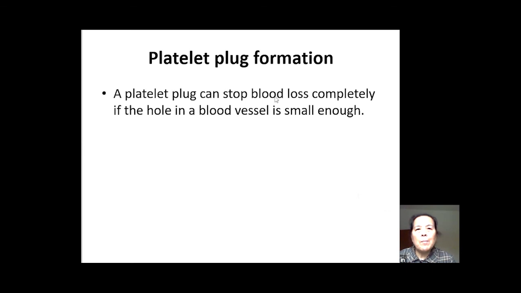Then we're talking about how the platelet plug forms. So the platelet plug basically stops blood loss. If we have an injury or make a hole in the blood vessels, then the platelets will be working.